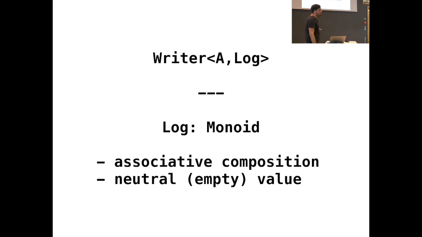The log is a monoid, which means basically that the composition of two logs is associative, and there must also be an empty log, a neutral empty value. The reason for this is that we need to be able to create a writer with just the value of type A. So there has to be a log that can be created out of thin air and that is empty, basically ignored.